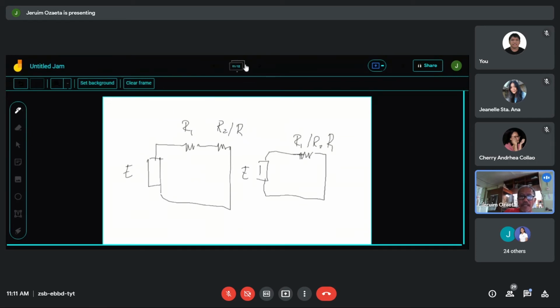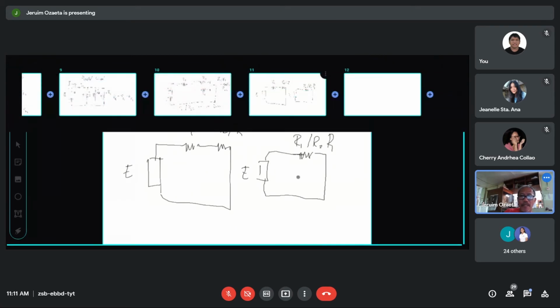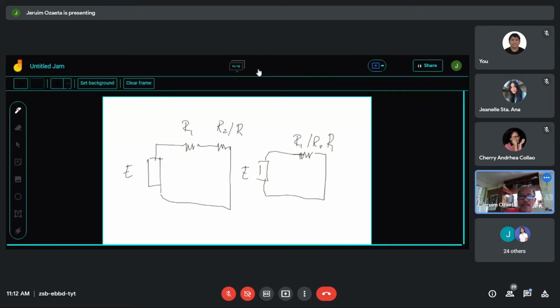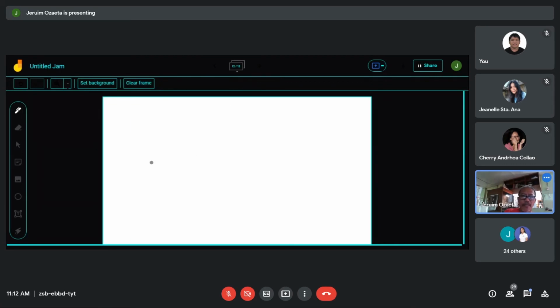Now, how do we analyze this circuit? Let's say a potential difference of 12 volts is at the source and a load of 100 ohms is connected.